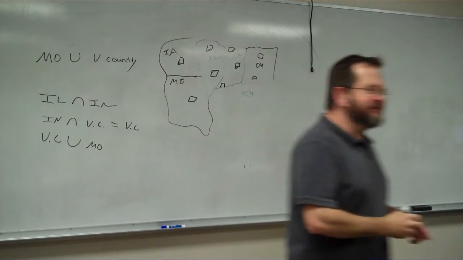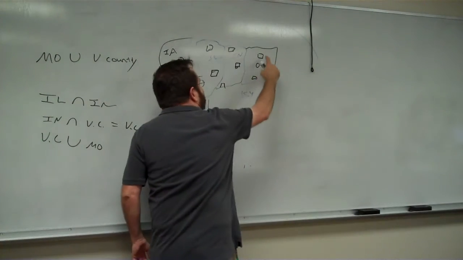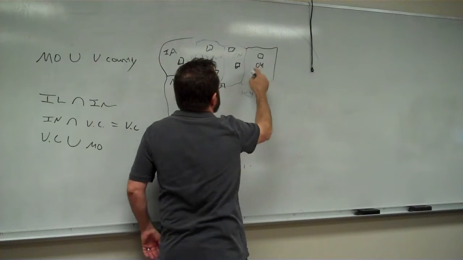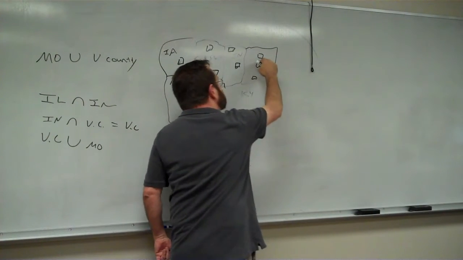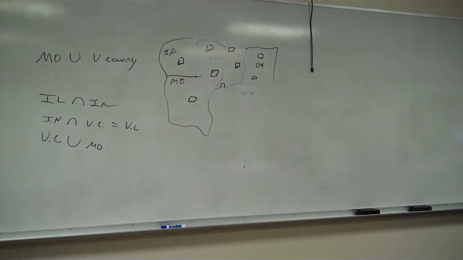See how a map is kind of a Venn diagram too? And it shows things like, for example, these V counties are completely inside of Ohio. And this V county and this V county are disjoint. They don't have anything in common. Right? Maps are in many ways Venn diagrams too.